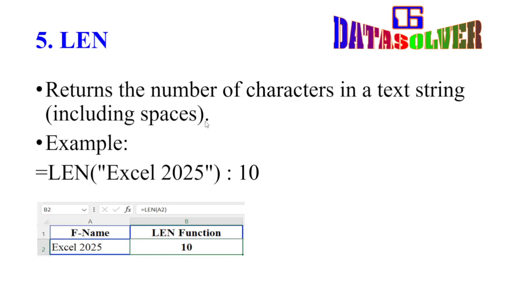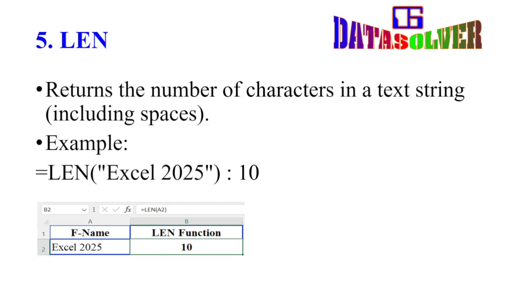As you can see in our B2 formula, in Excel 2025, the Excel characters are 5 and the 2025 is 4. 5 plus 4 is 9, and 9 plus 1 is 10 because the space is 1. So this is how we come to the conclusion of 10 in B2.